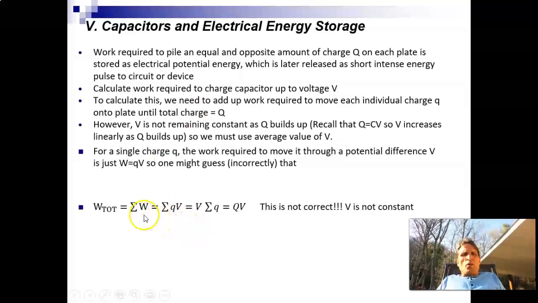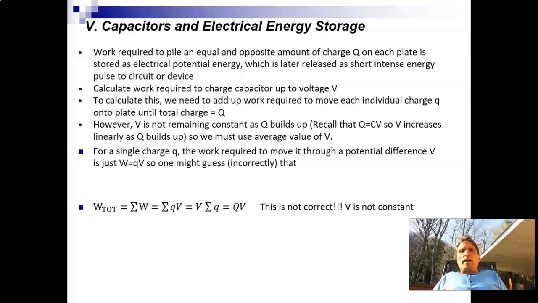So the total work that the battery does is equal to the total work done in moving all of the charges over from the negative plate to the positive plate. In other words, if we charge up to some voltage V and some final charge big Q, we want to calculate how much work is done, and that work is stored as electrical energy.